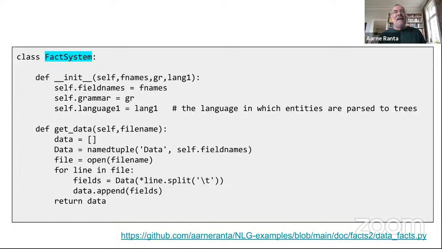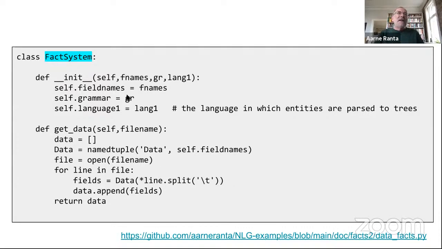Now the Python code is divided into different modules in the same way as the grammar, not for the names, but for the basic facts and for the country facts. For the basic facts, I found that some kind of object-oriented design is good, because there are so many things that belong to building a system for a certain domain.